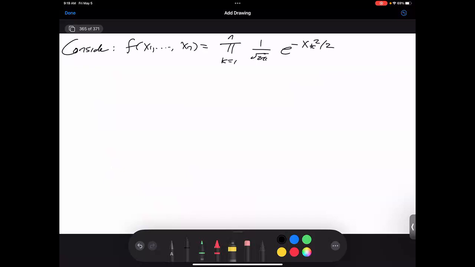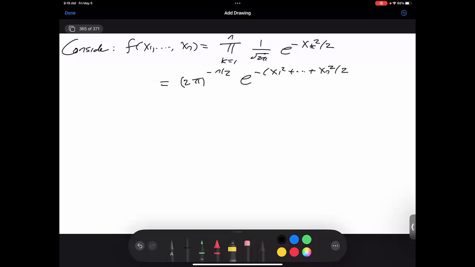A product is very similar to a sum. In a sum, you add all the terms. Here we multiply all of them. So this is the same as 2 pi to the negative n halves e to the negative x1 squared plus ... plus xn squared over 2.